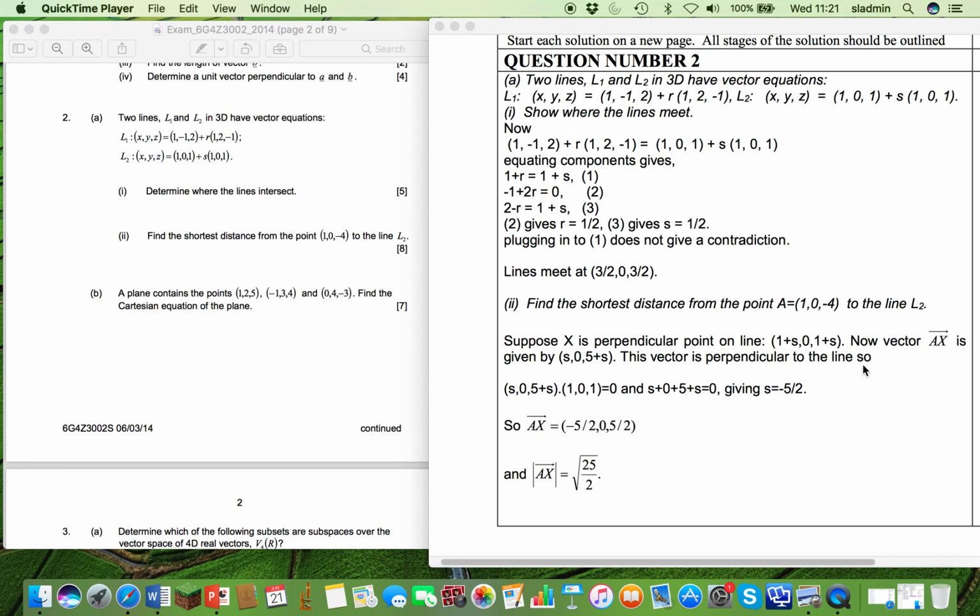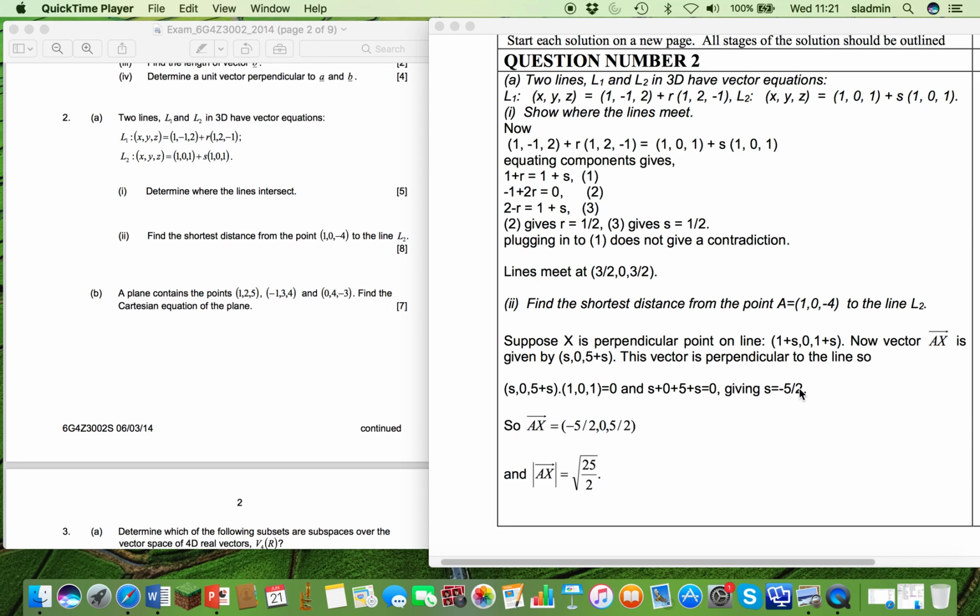So the vector is perpendicular to the line, so we now take the dot product of this with (1, 0, 1). Then we get this equation here. So if we solve this equation, then we get s is equal to -5/2.